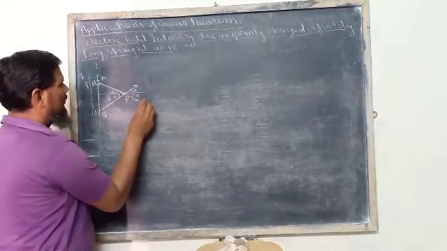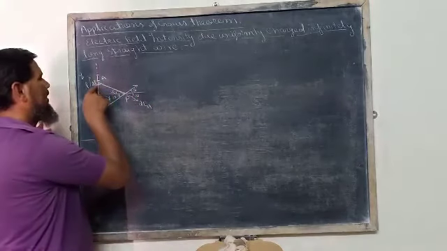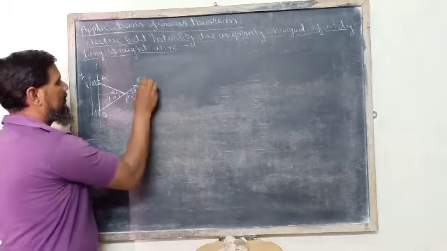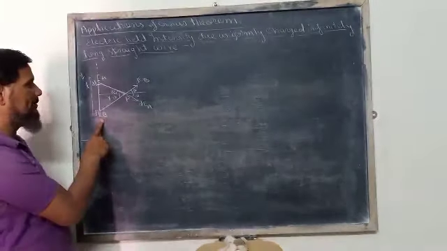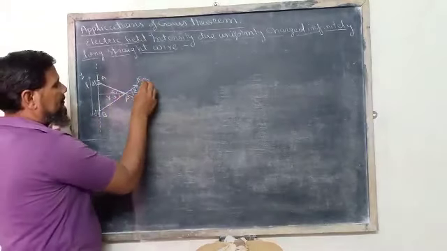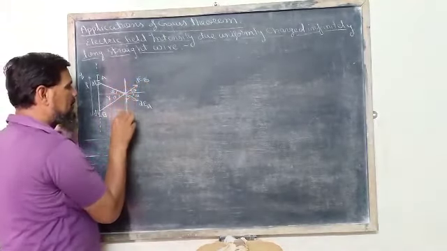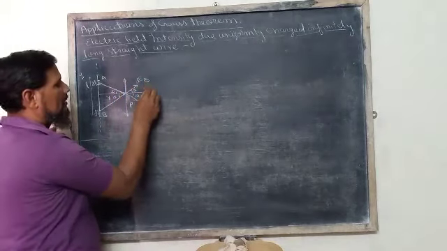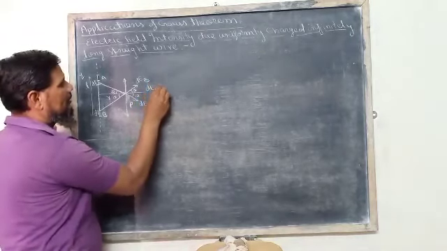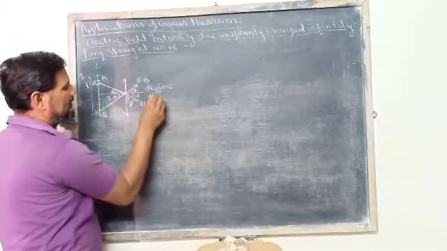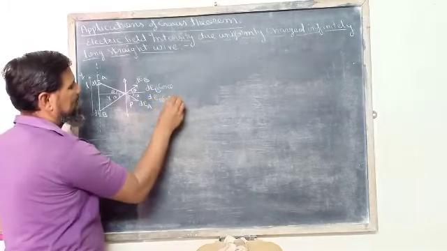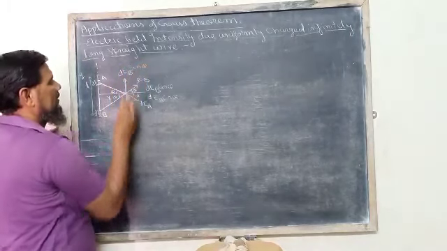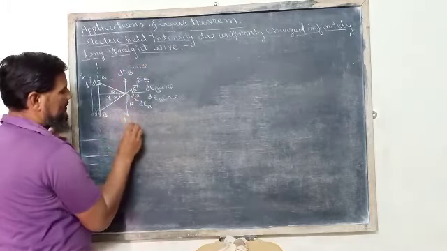This is the direction of dE_A, the electric field intensity due to length element A, and this is dE_B, the electric field intensity due to length element B. Now we resolve these into components: dE_B cos theta, dE_A cos theta, dE_B sin theta, and dE_A sin theta.